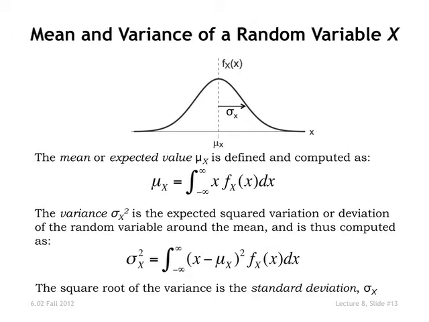And the variance is the expected squared deviation from the mean value. So here's the deviation from the mean value. You square it, and now you want to take its expected value, so you weight it by the PDF of X, and that gives you the variance. So the variance is the expected squared deviation from the mean value. The PDF is valuable in getting all of this.